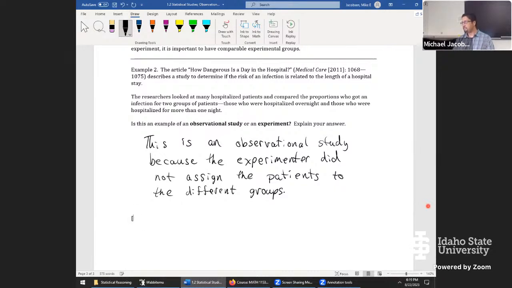Let's say here, suppose that the researchers found that people who are hospitalized for more than one night are more likely to have an infection, let's say on average, since they're probably going to be looking at the mean, the average values, than people who are hospitalized for just one night.